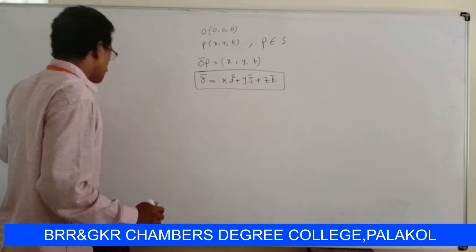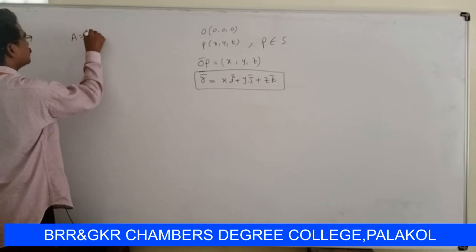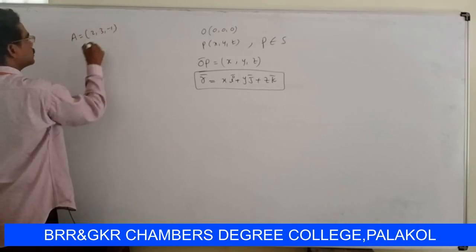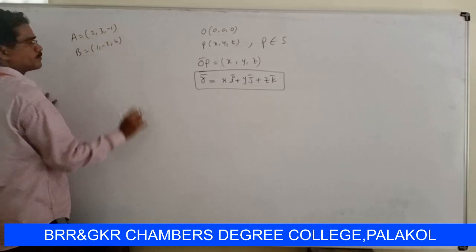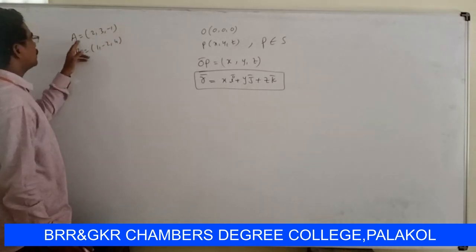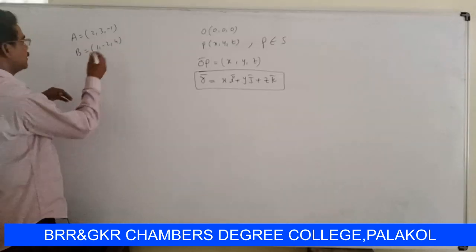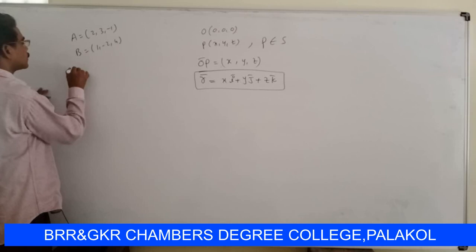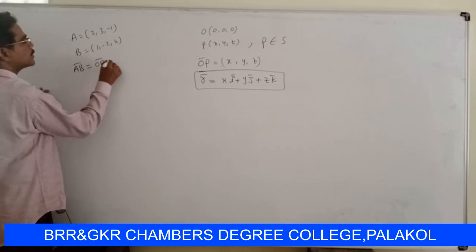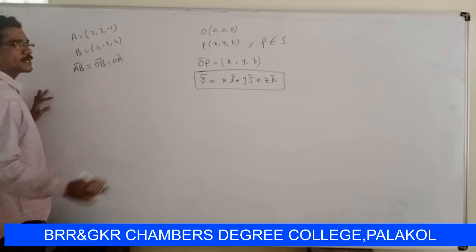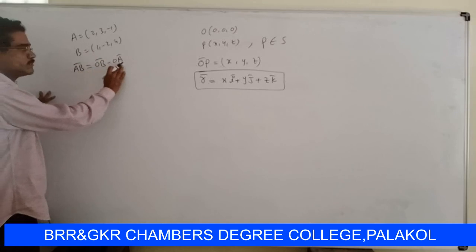Now the position vectors of other points: suppose A equals (2, 3, -1) and B equals (1, -2, 4). Then AB bar equals the position vector of B minus the position vector of A.